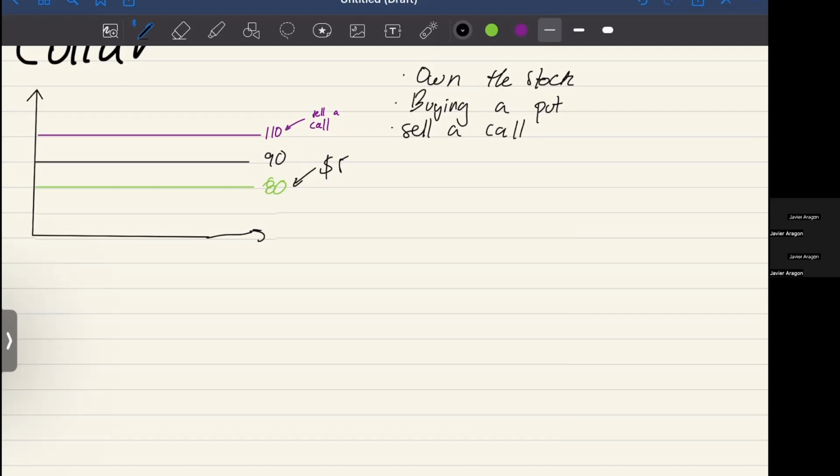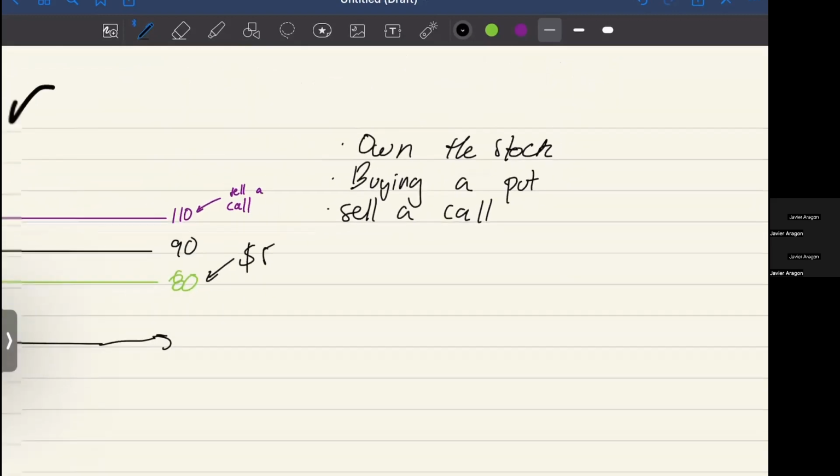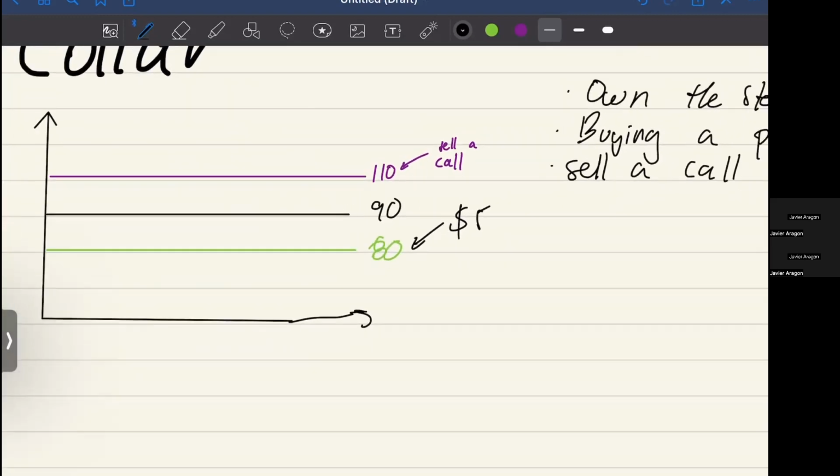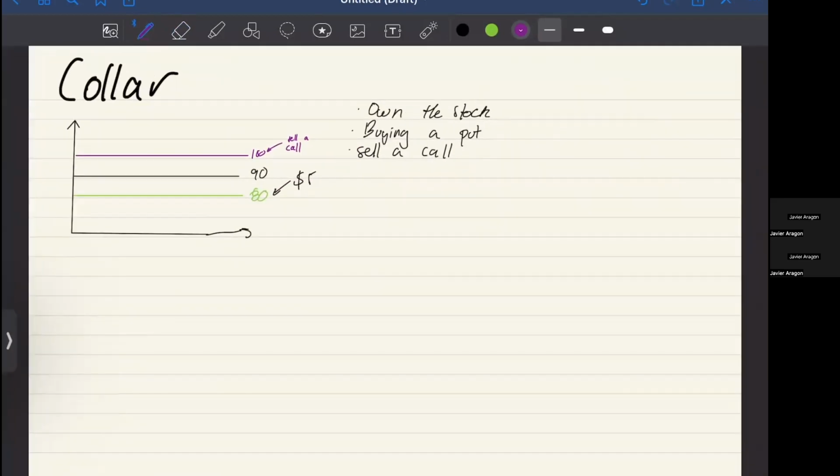It's similar to the protective put, as you're basically just getting your insurance to protect yourself from further loss. So again, this consists of buying a put and selling a call. And here you have your $80 put and then your $100 call. Let's actually make this 100 so we work in tens. And you sell a call at 100.